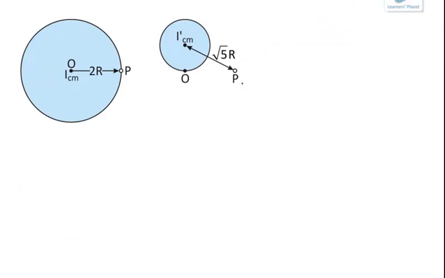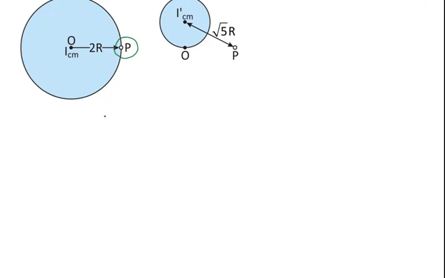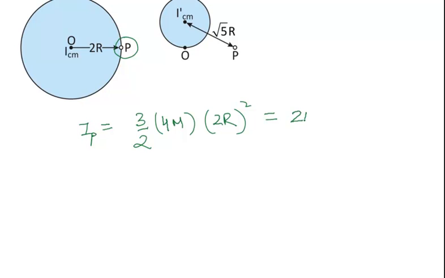In the same fashion, to find the moment of inertia about point P for the bigger disk without the cavity, it will be 3 by 2 m r square, where r square is (2r) whole square, which gives 24 m r square.